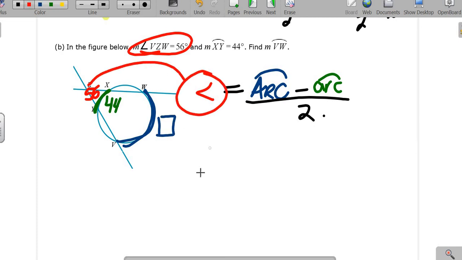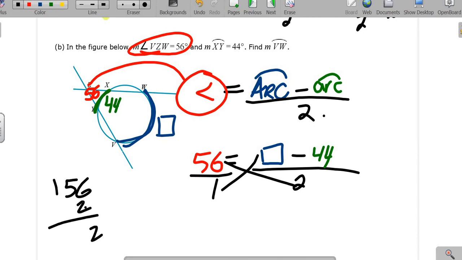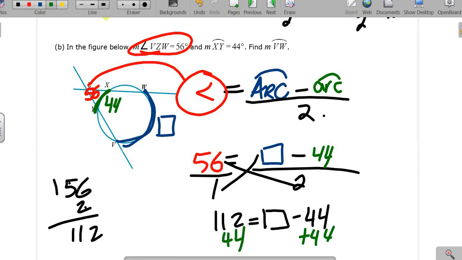So 56, circle, plug, chug, 56 equals big arc, which is our unknown, minus the little arc, which is 44 over 2. Cross multiply, 56 times 2. We get 112 equals unknown minus 44. And our unknown, that is 156.